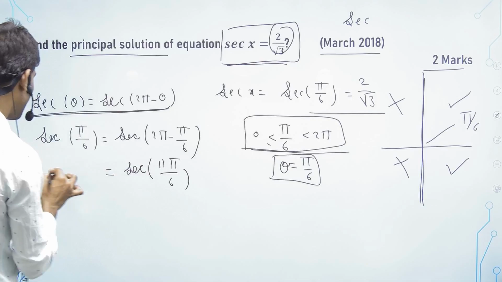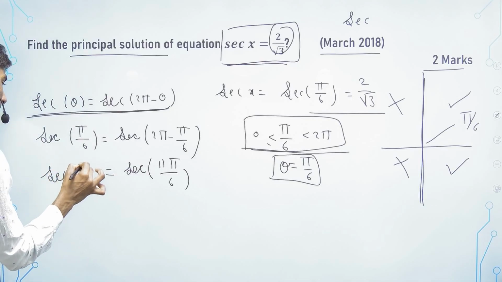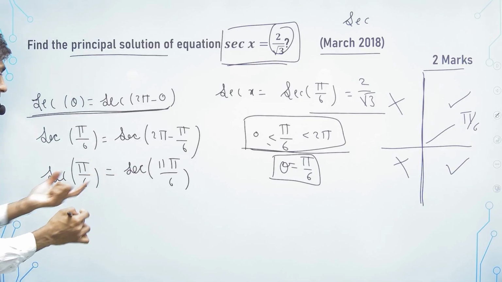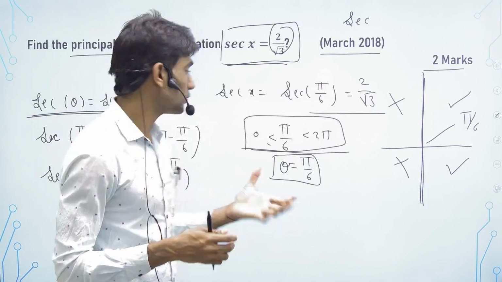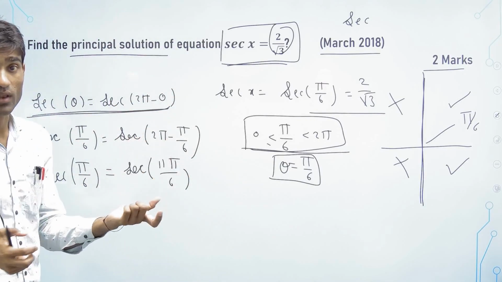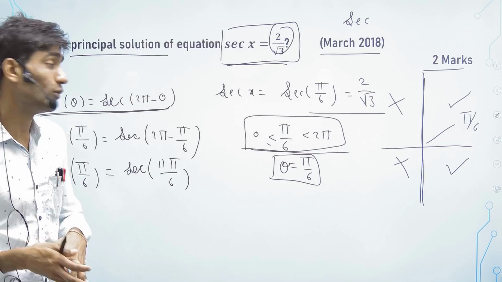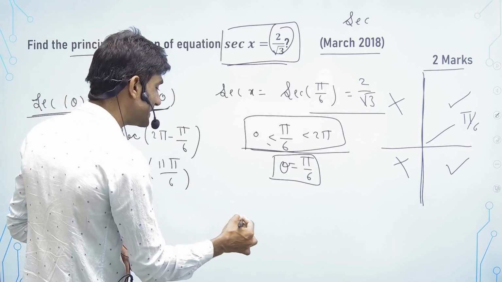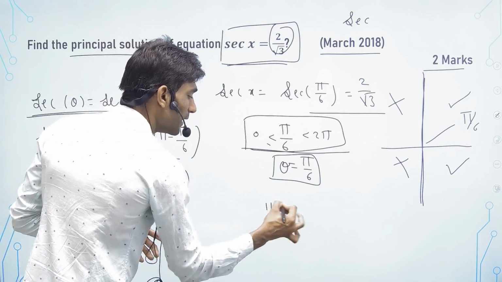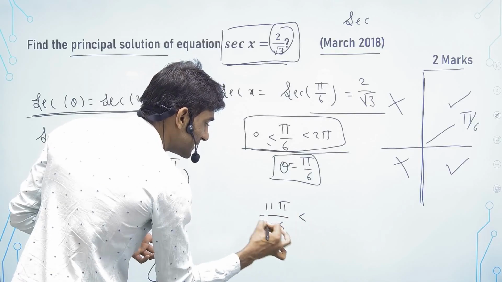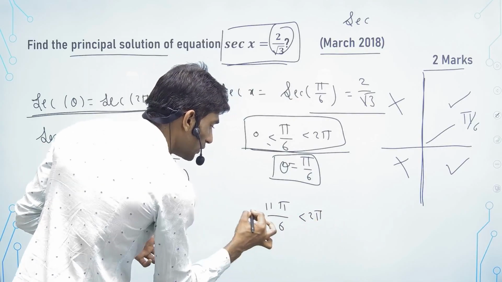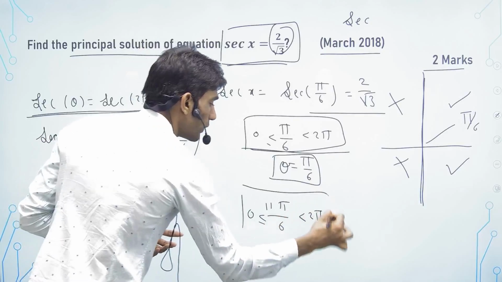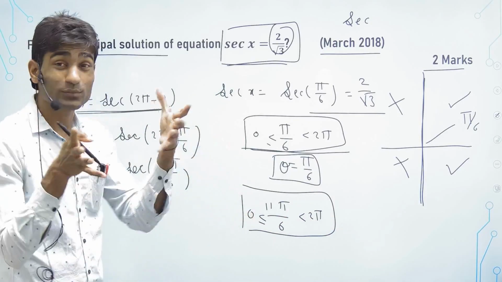So we can write sec of pi by 6 as sec of 11 pi by 6. That means both thetas have equal values, and we can easily check that 11 pi by 6 lies between 0 to 2 pi. So we got another solution which lies between 0 to 2 pi.